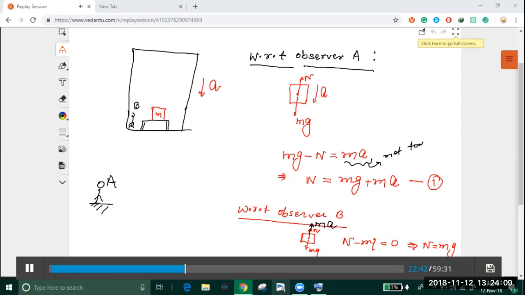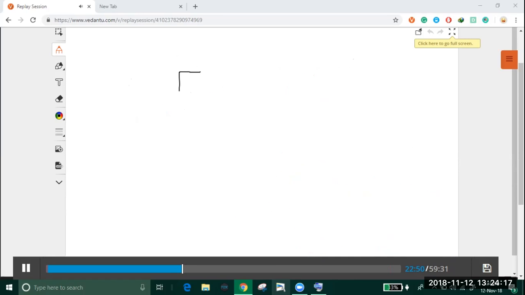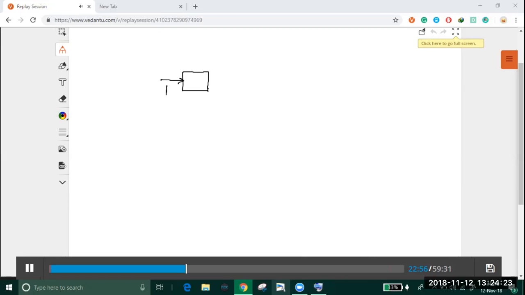For example, see here, this is a block and this block is being applied by the force F. Because of this force F, the block started accelerating with the acceleration A. Now, if I want to make this at rest, I do not know this force.